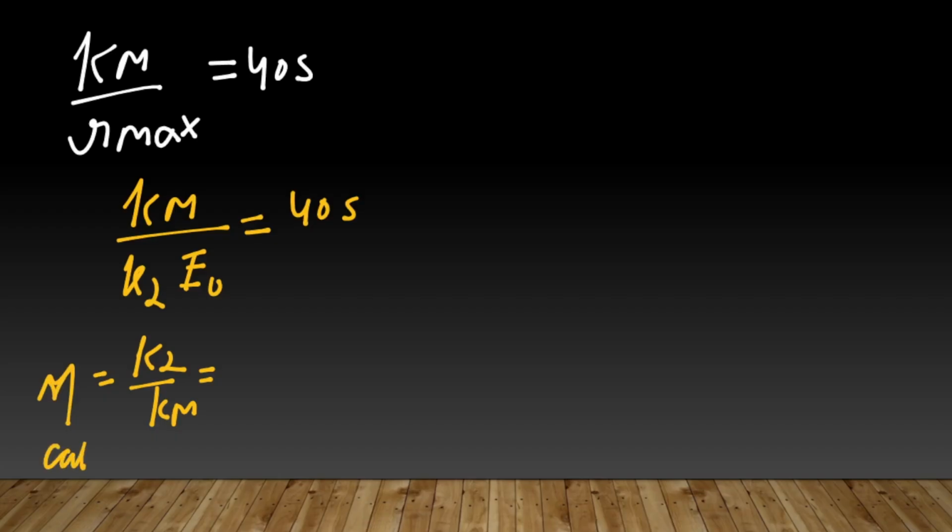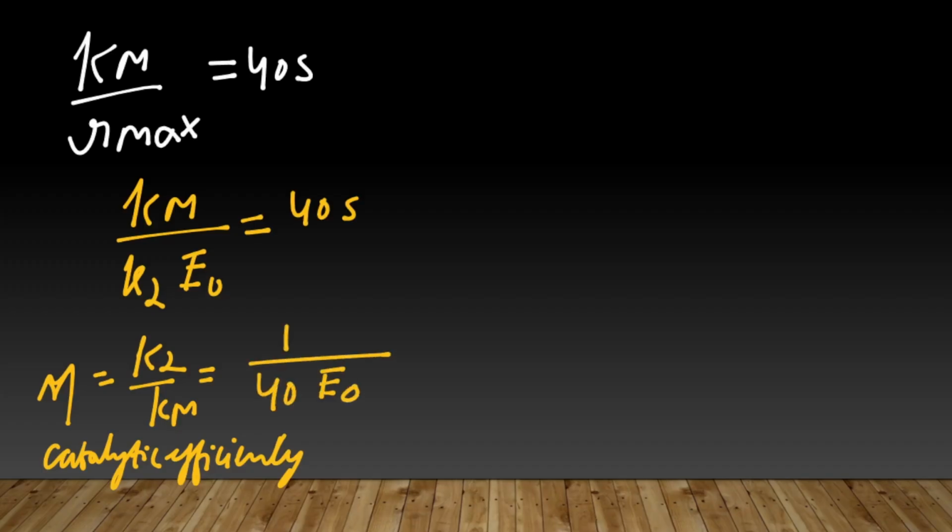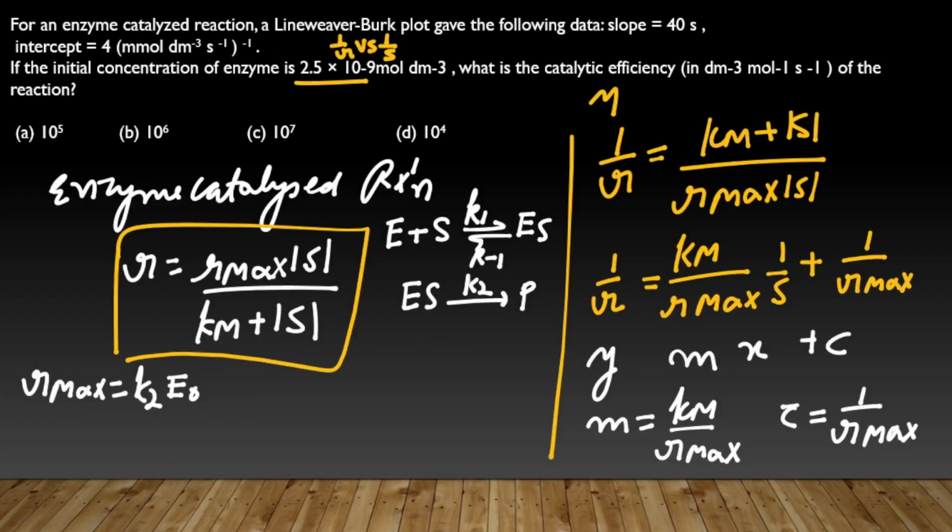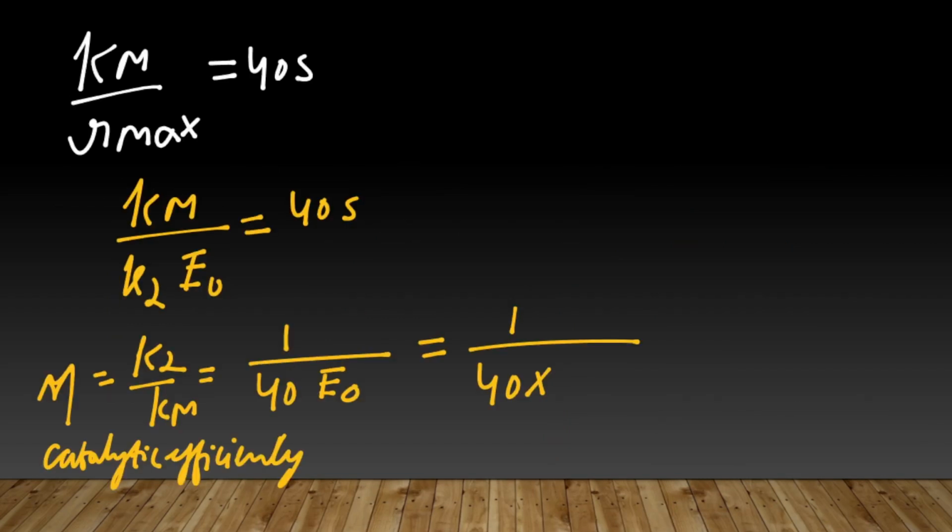This is my catalytic efficiency, which is K2 by Km, that will become 1 by 40 into the E naught value. So E naught, which is the initial concentration of the enzyme, is also given to us as 2.5 into 10 raised to the power of minus 9. So you can substitute it.